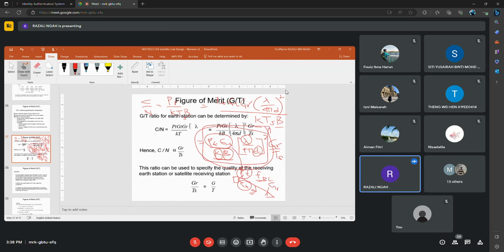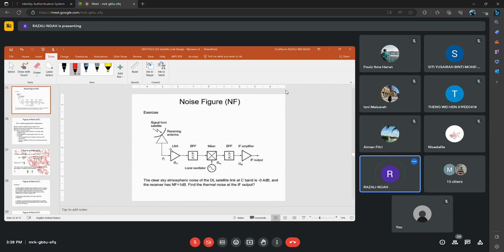GR is a receiving antenna on the Earth station, so if we want a better receive power, we might use a bigger antenna size so that we have a higher GR. And then TS depends on the receiver circuit design. As I mentioned, we are supposed to study this one.